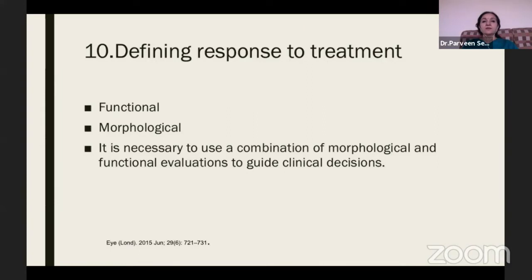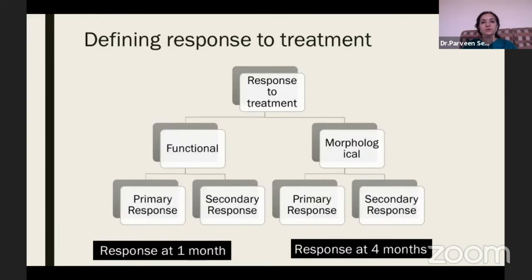And once you have initiated the treatment, how do you know whether the patient is responding or not? So you could have functional parameters, morphological parameters, or a combination of the two. So usually what I look at in the functional is the response at 1 month. You can also see the response at the end of 3 loading injections, which means a response at 4 months.